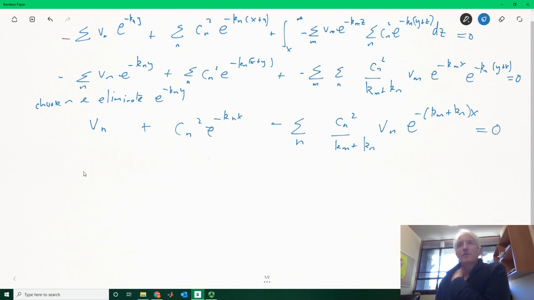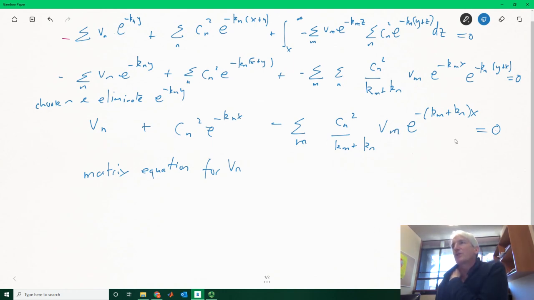I'm not going to write it down, it's in the notes, but this is a matrix equation for b_n. So this sum over m here is some matrix multiplied by the vector b_m.